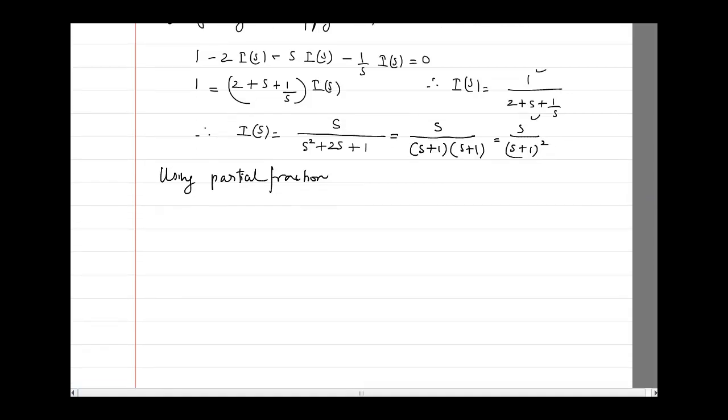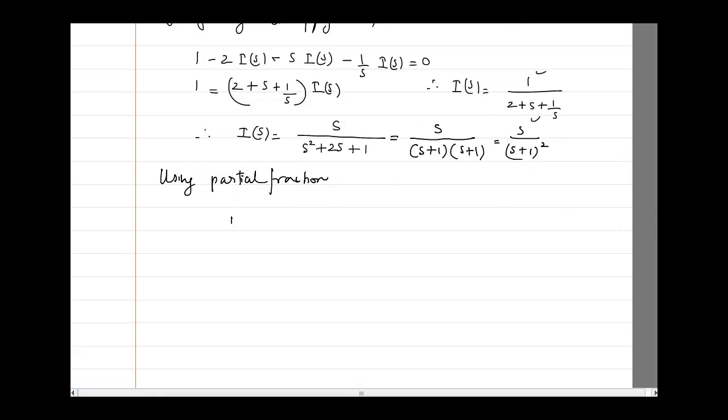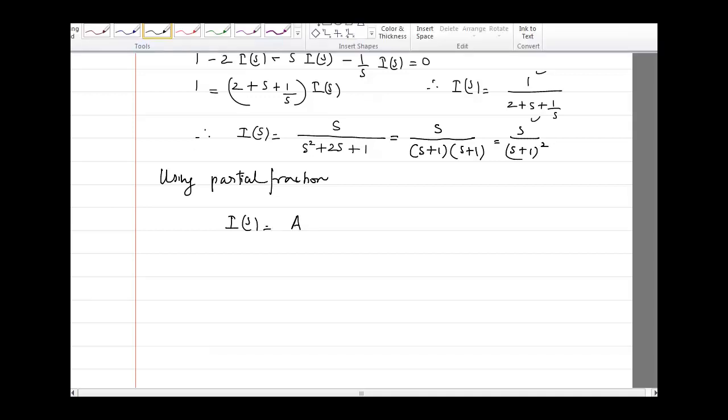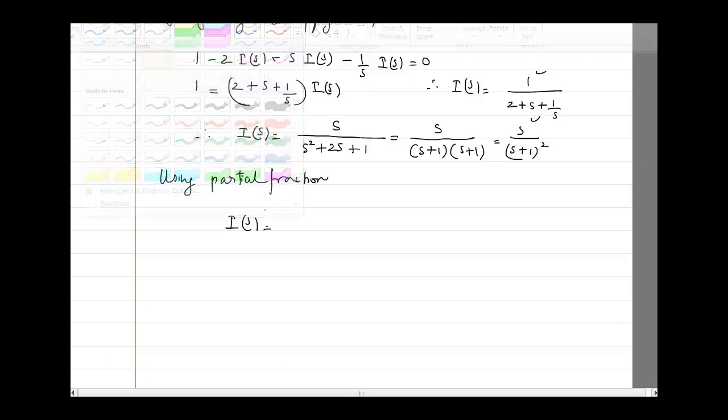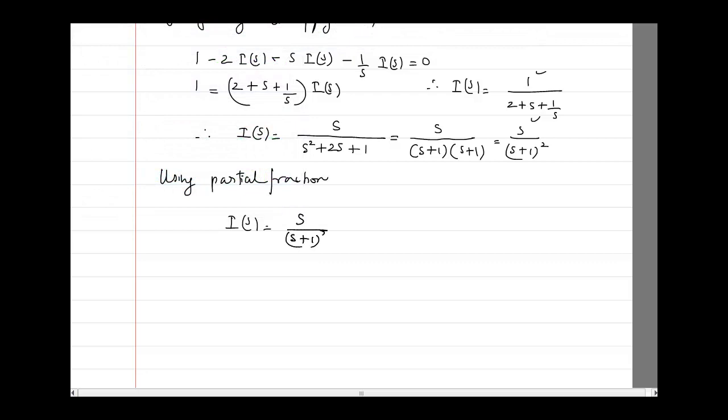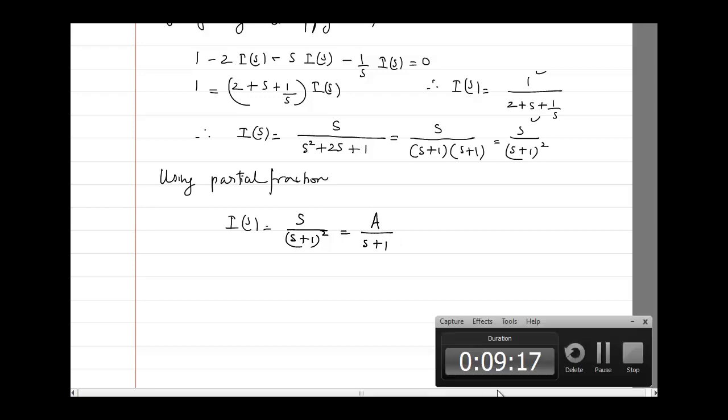So if you have got this, using partial fraction, how can I write I of S? I of S can be written as, if you remember, for multiple poles, S divided by S plus 1 the whole square is going to be A divided by S plus 1. I suppose you remember this.